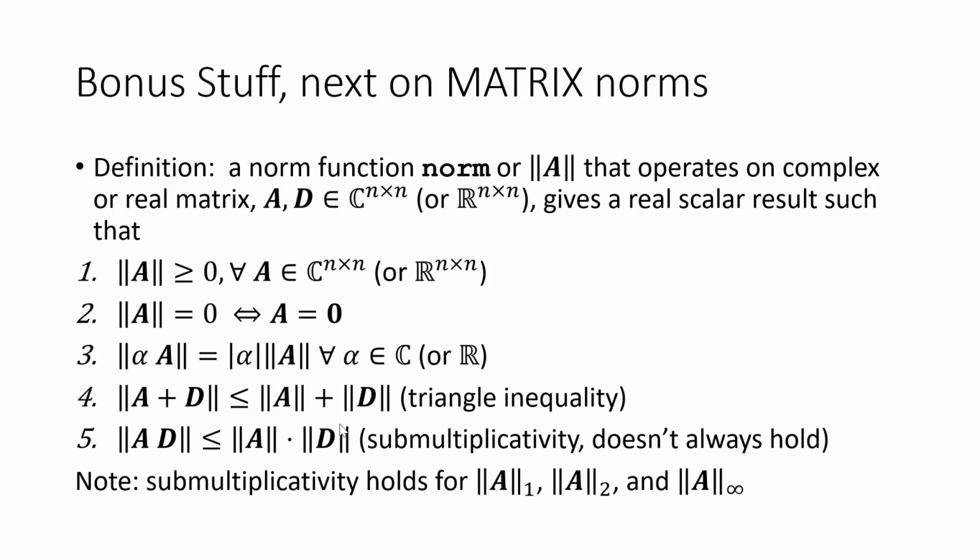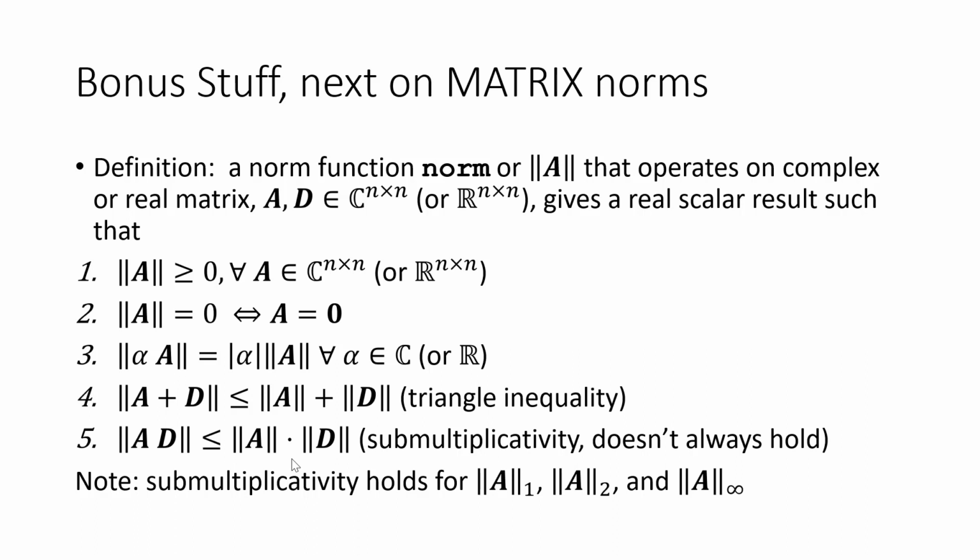Same thing again. So now for the new concept of submultiplicativity, let's say that the norm of the product of two matrices is less than or equal to the product of the norms of the matrices taken individually. So that is submultiplicativity.